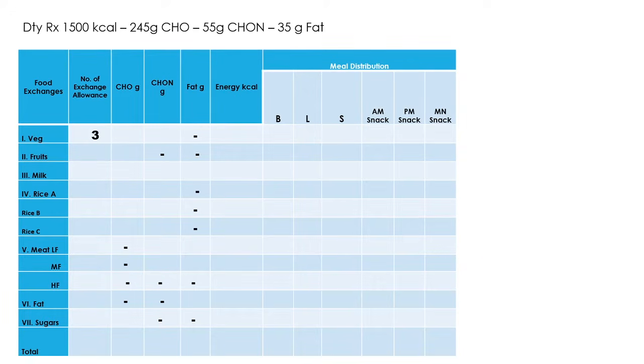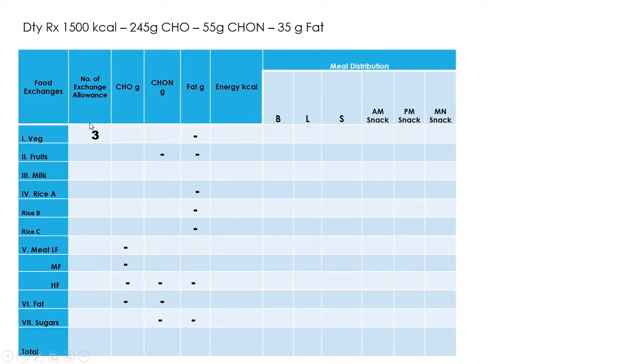List all the foods furnishing carbohydrates, starting with vegetables, fruit, milk, and sugar. So we will not put too much value in the following food groups, but there is a limitation. For example, for vegetable groups, you're allowed only 3 to 5 exchanges of vegetable per day.